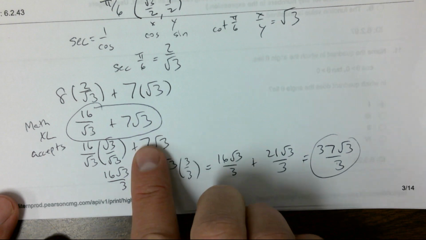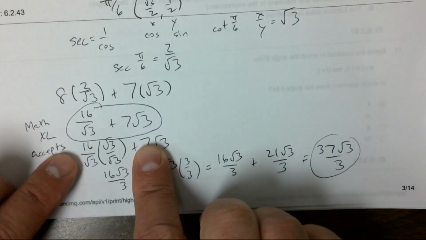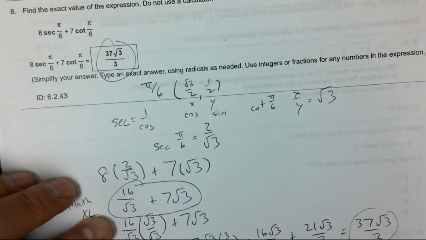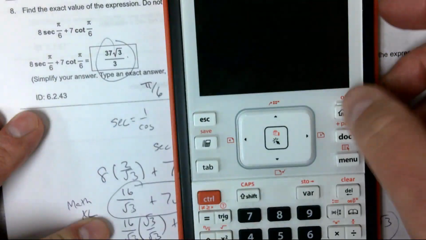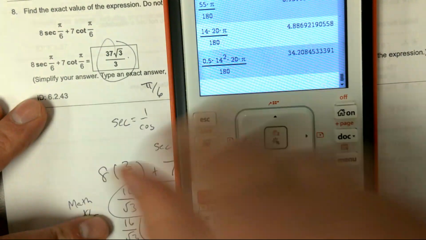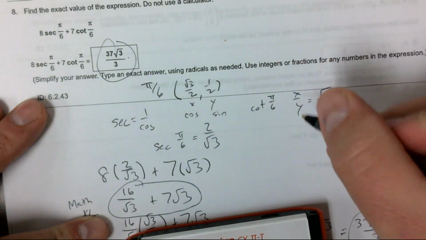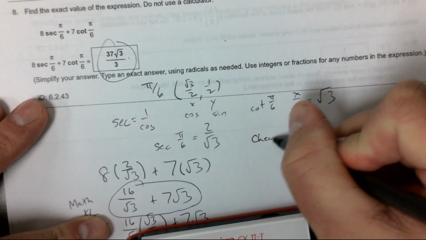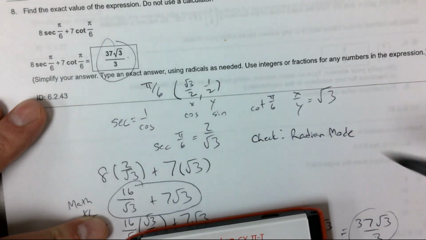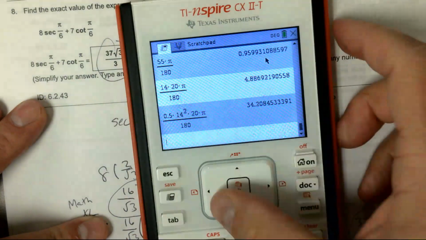The other way just to say, am I right or not, is make sure you're in radian mode for this one. So I'm going to just call this the check. Be in radian mode. And so I go to here.